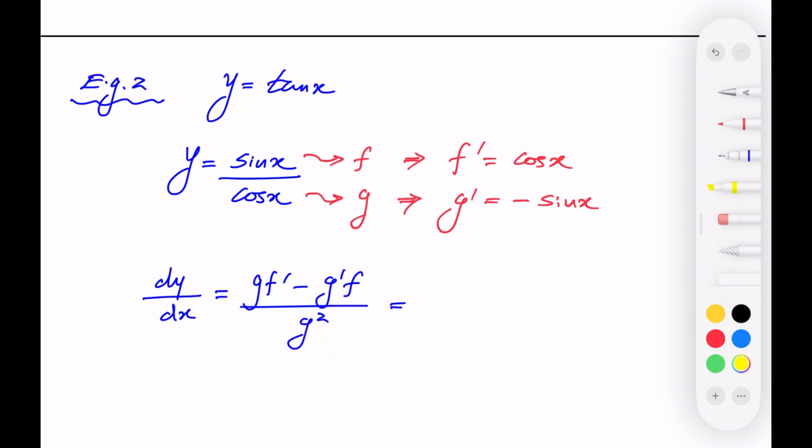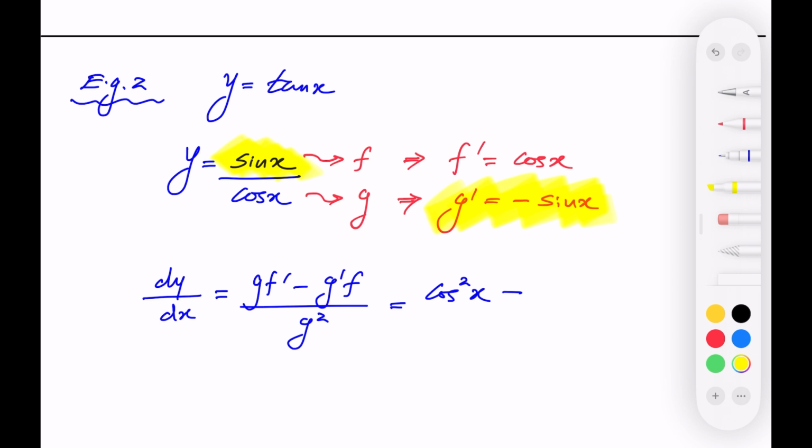Now I need to write down g times f prime. G is cosine x times f prime is also equal to cosine x. When those two are multiplied, we get cosine squared x as the first term on the numerator. Cosine squared x. And then I have this minus sign. With that, I need g prime times f. G prime is equal to negative sine x times f, and f is equal to sine x.